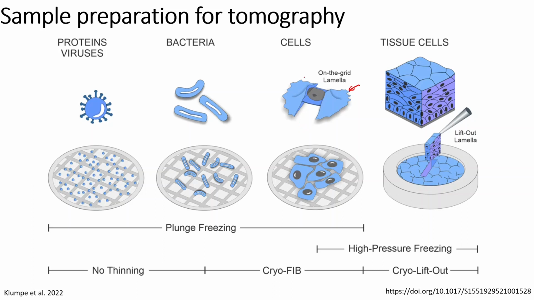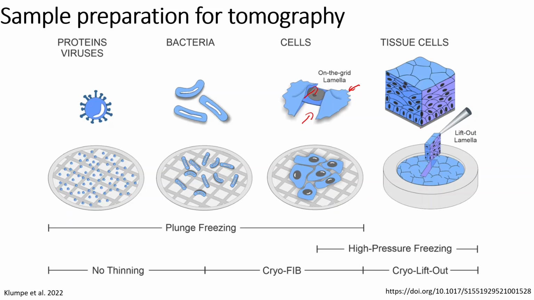But the middle part of the cell is too thick for that, and for that we need to prepare a thin sample, which is usually done by FIB milling, where we mill away the top and the bottom of the cell using a focused ion beam, and create in the middle a thin enough lamella of around 100 to 200 nanometers. This is transparent, and then we can record these cells as a tomogram or a tilt series for tomographic reconstruction.